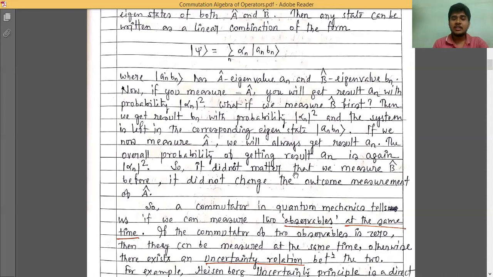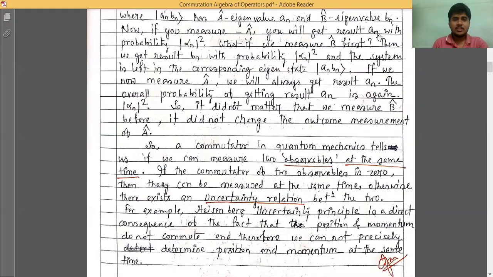It did not matter that we measured B before A. That means it did not change the outcome of the measurement of A. So whether we measure A first or B first, our probability of getting the result remains the same. That means whenever we have commuting operators, we don't need to look at the order in which the operators are written. Whether we write [A, B] or [B, A], this is the same.